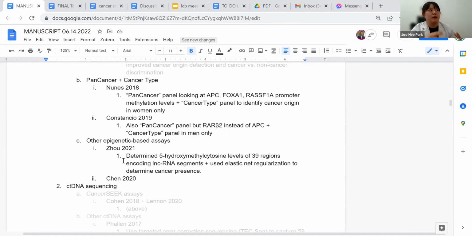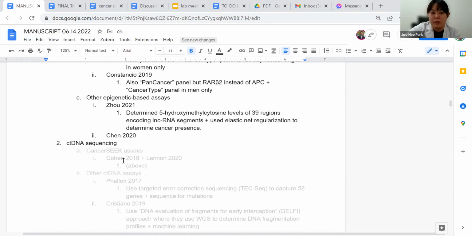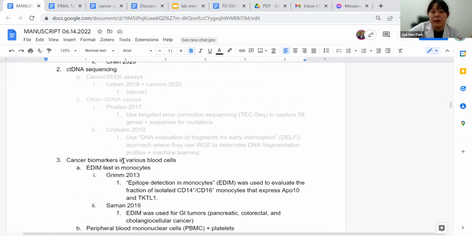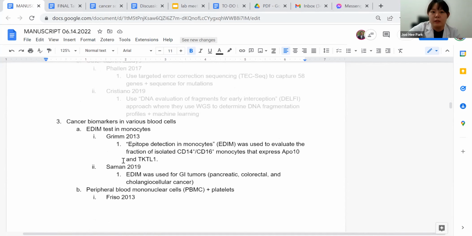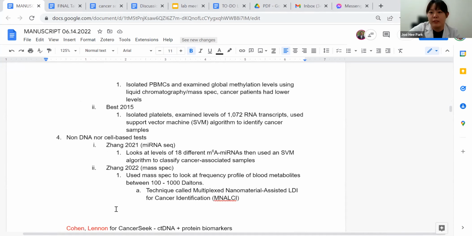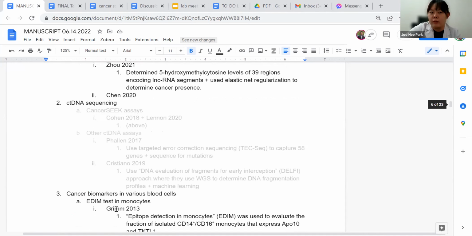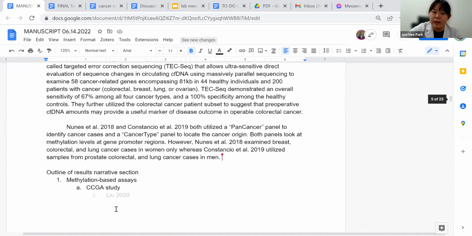The narrative part is going to flow based on screening tests. We'll start with the methylation, then move on to the ctDNA sequencing tests and the ones that use biomarkers, and then non-DNA tests. That's how we were thinking about writing it out.